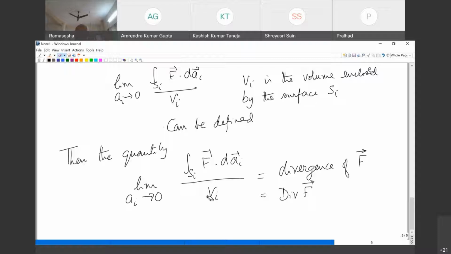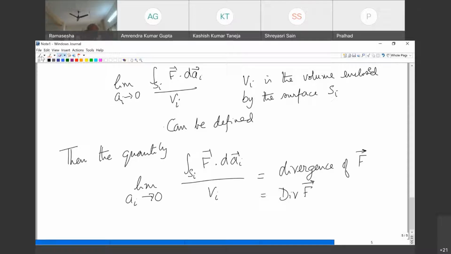Which means how much of a flow is taking place through a small volume in the bulk, per unit volume. How much flow per unit volume is taking place at a small volume inside the bulk is what this quantity, divergence F, is, because you have normalized against the volume. Is it clear?